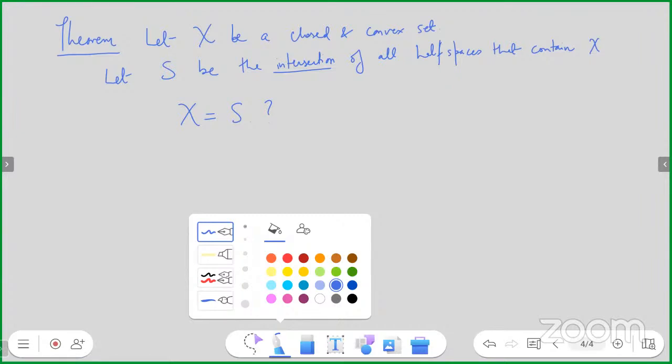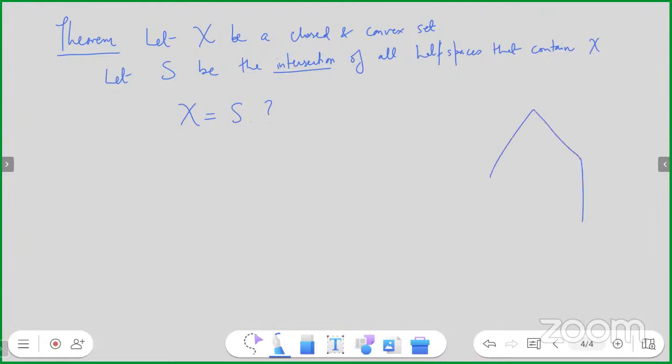So think of a pentagon, for example. It's a closed convex set. What is the intersection we are talking about? No, but those will be outside of it. That's not an intersection. This is the best pentagon I can do.